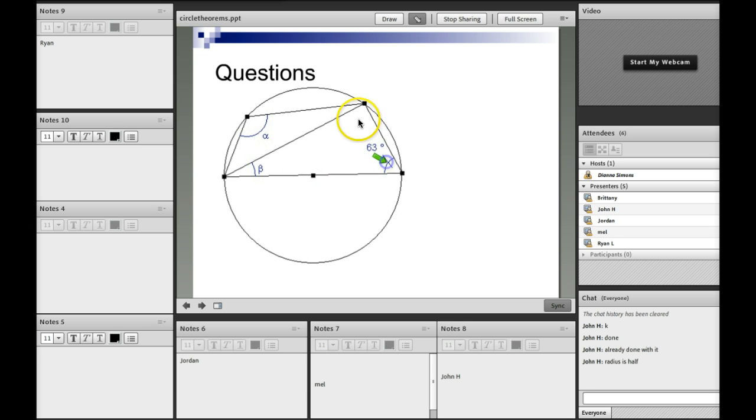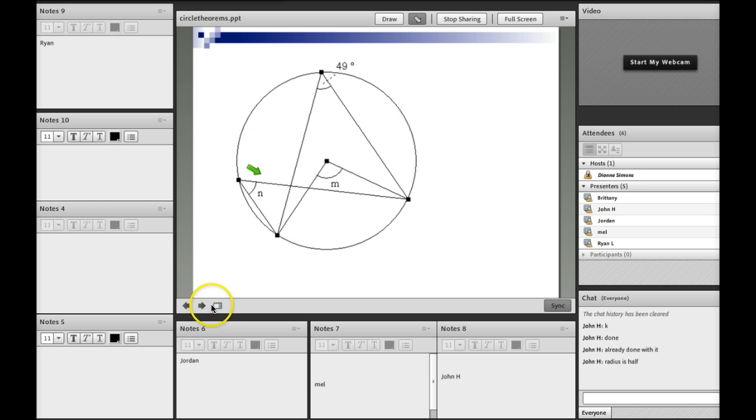So this is 63, this is 90, right? So this is going to be 180 minus 90 minus 63. 30 something? Quick, math whizzes. Okay, I'll go with that.